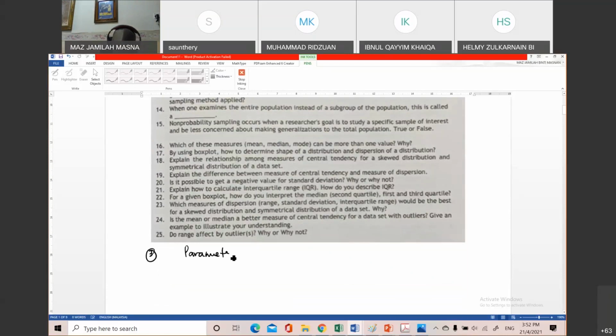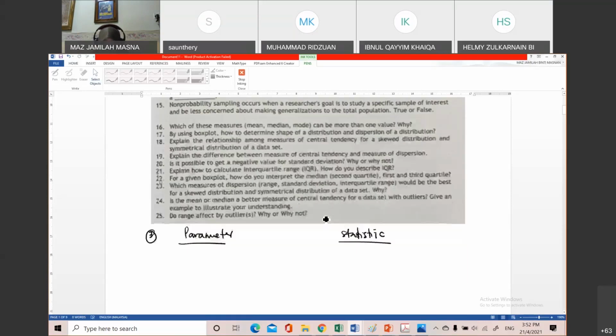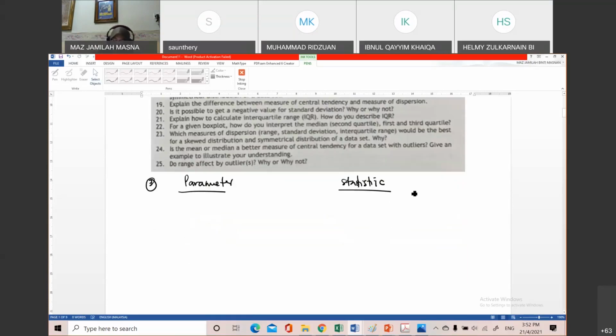What is parameter? We call it as what? Measure. Summarize data.